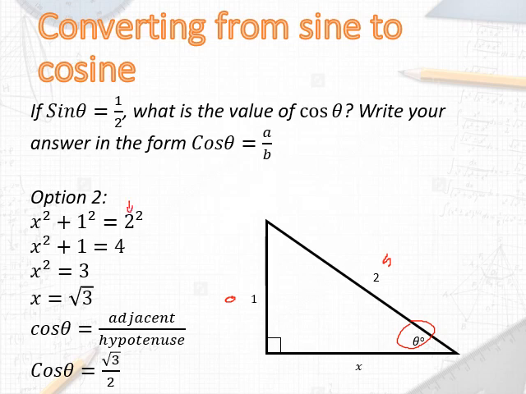It doesn't matter where you put 1 in the A spot or the B spot, you'll get the same answer either way. So we get x squared is 3 and square root of 3. Square root of 3 is in simplest radical form, so we're done. So that means this is root 3. And cos of that angle is adjacent over hypotenuse, so we get root 3 over 2.